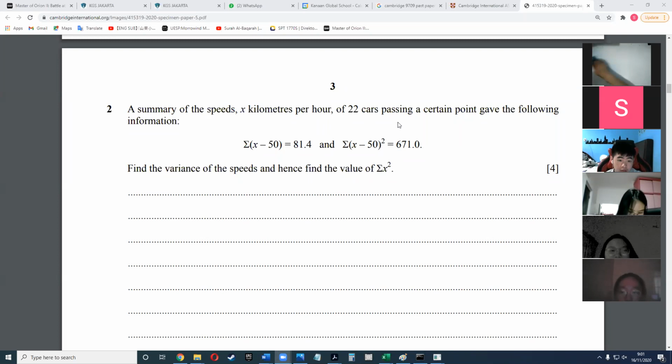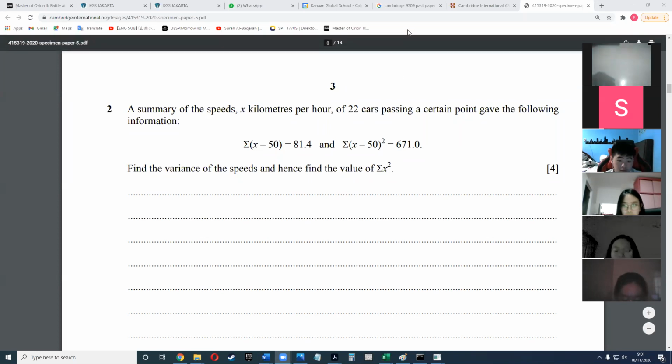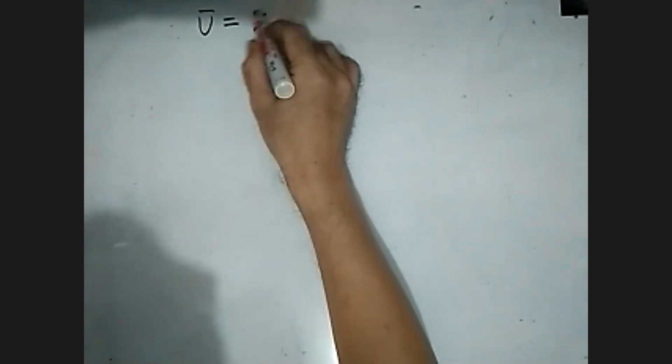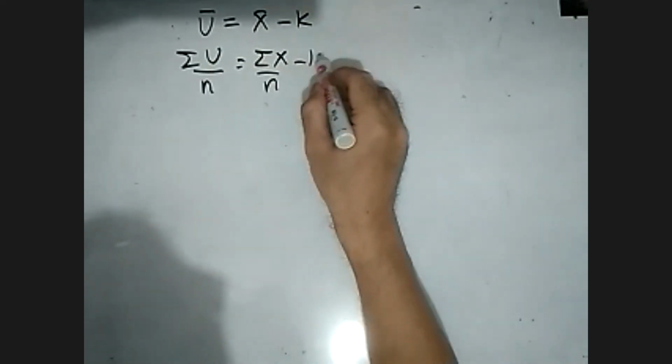Let's recap again on the equations that we have. We have that u bar is x bar minus k, or sum of the u over n is sum of the x over n minus k.